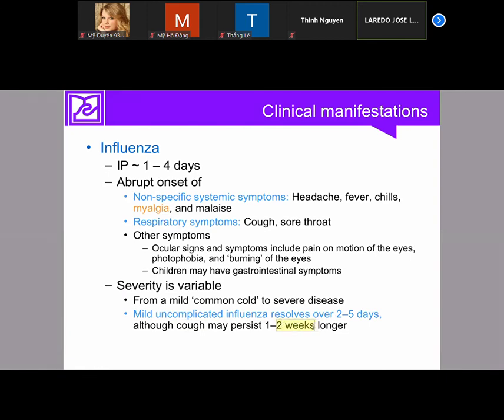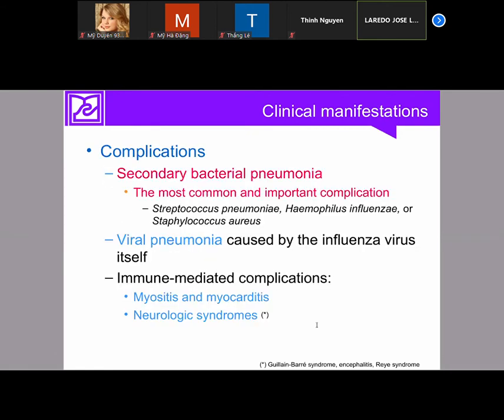Why? Because the ciliated epithelial cells have been destroyed and they must be renewed. That is the reason why people recovering from influenza may cough for 2 weeks, even when they have recovered from the disease. This is the typical mild influenza.